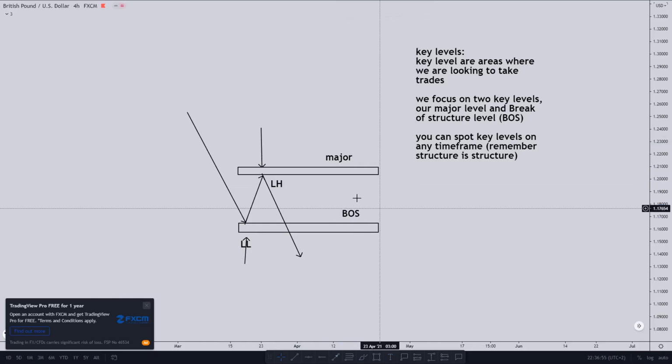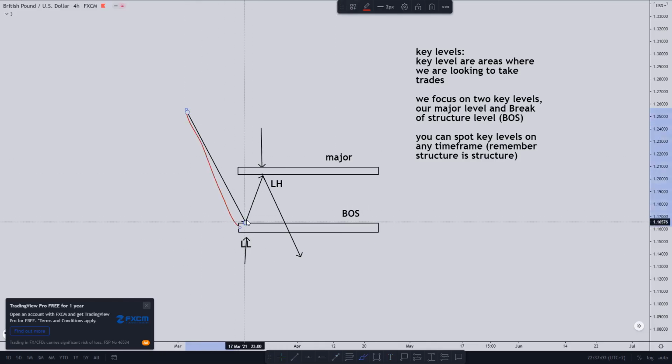So how do we identify key levels on this structure? We are in a downtrend, right? We're moving to the downside. We have lower lows, and then we have a lower high, right? When price creates a lower high, this becomes a key level.